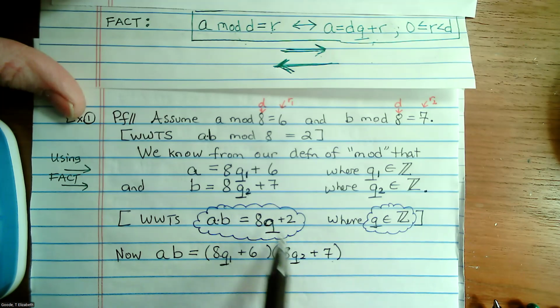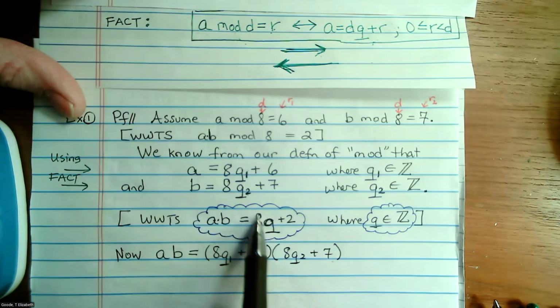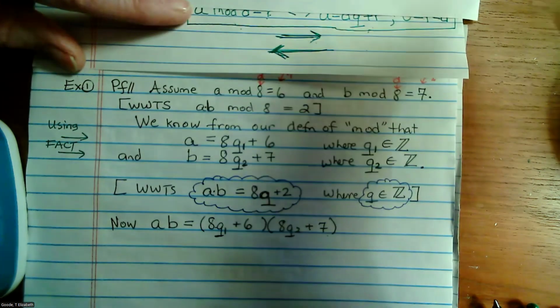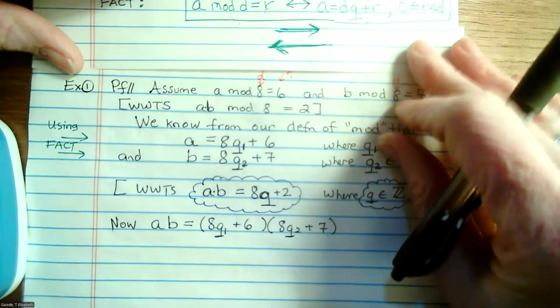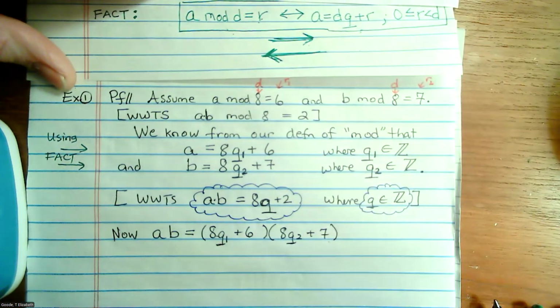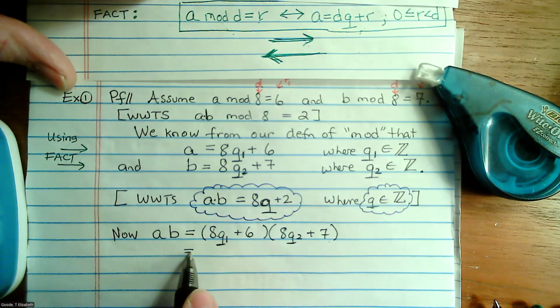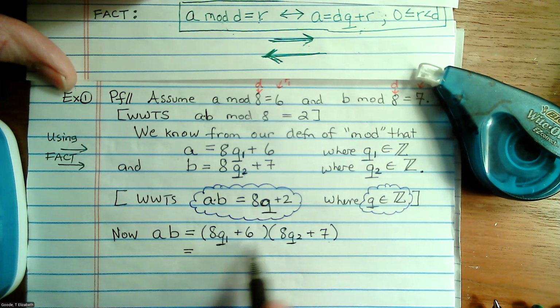Now we're going to have to pull an 8 out, and hopefully the leftover remainder will just be plain old 2. So what can we do algebraically? Well, we can pull 8 out of both of those factors.